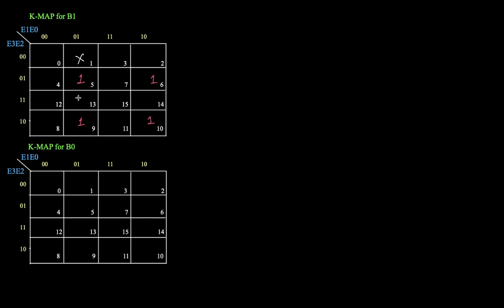If we take 4 don't cares over here, then we can make groups: one is this group, one is this group, and another is this group. So if we want to calculate B1, B1 becomes group 1 plus group 2.